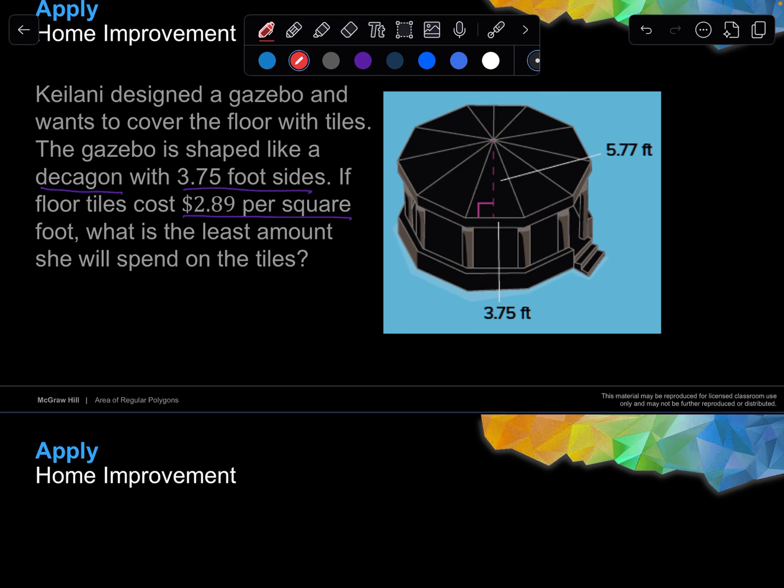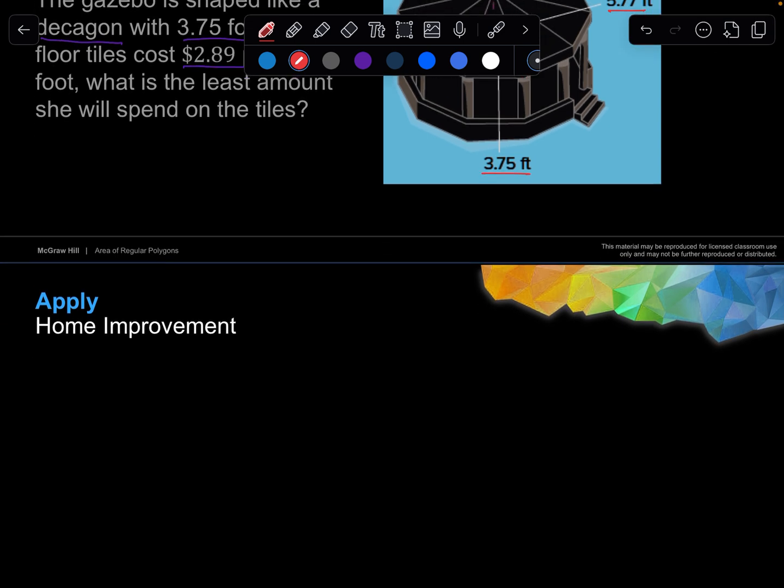We know that the side is 3.75 feet, and this diagram here tells us that the height of each triangle is 5.77 feet, right? So my decagon has 10 sides, and therefore 10 triangles.